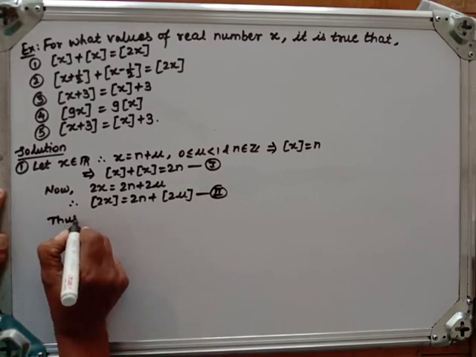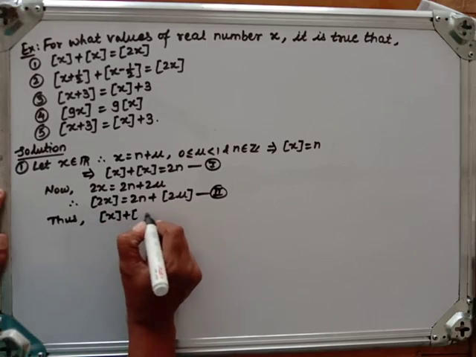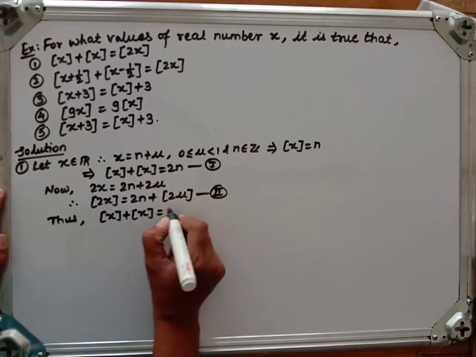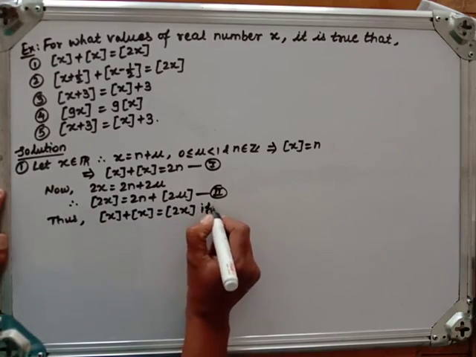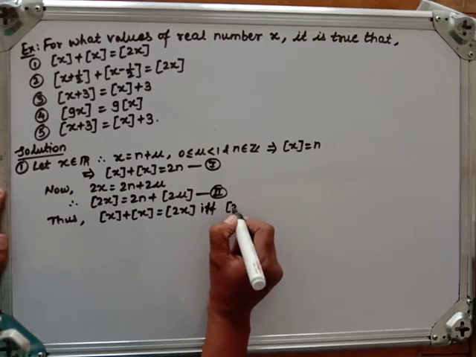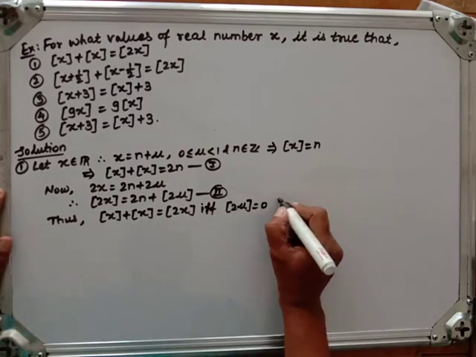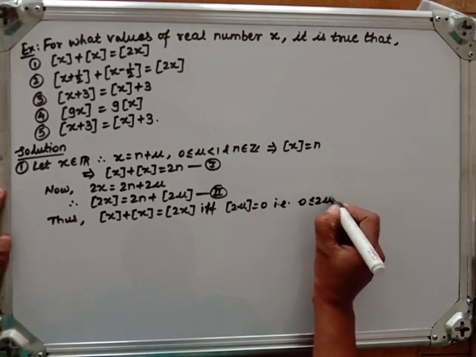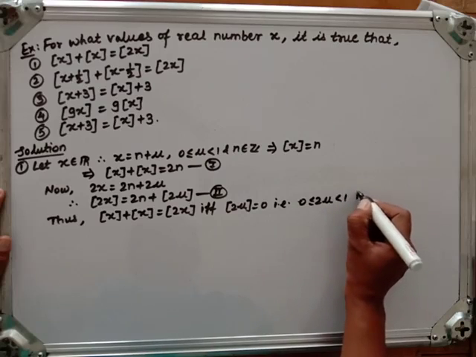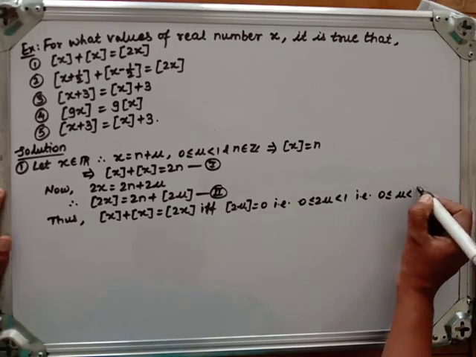Thus, greatest integer function of x plus greatest integer function of x is equal to greatest integer function of 2x if and only if greatest integer function of 2 mu is equal to 0, that is 0 less equal 2 mu less than 1, that is 0 less equal mu less than what? Half.